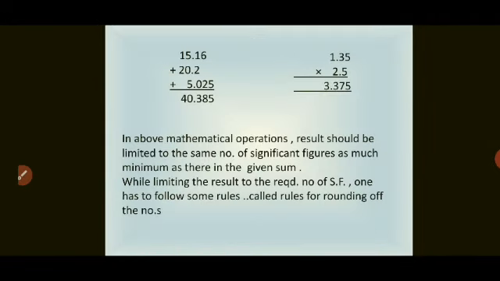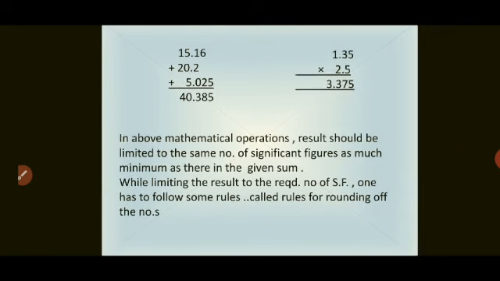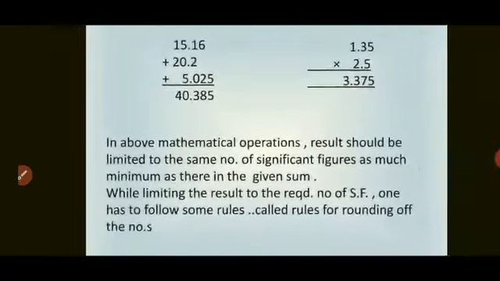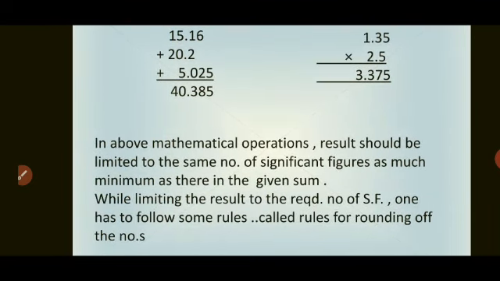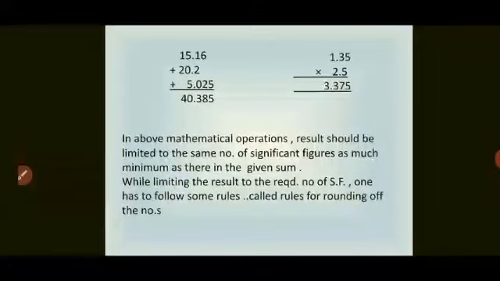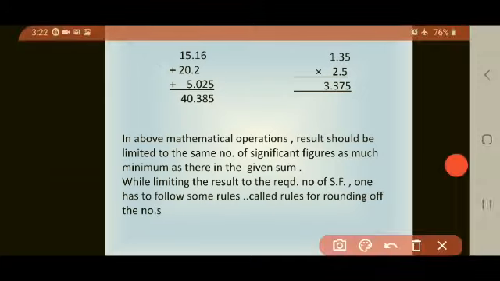Now we will see how to add or multiply significant figure numbers. Whenever we add such decimal point numbers, we add normally like this. Let us consider the first example, 15.16 plus 20.2 plus 5.025. In addition, first of all we have to check which one has the minimum number of digits.